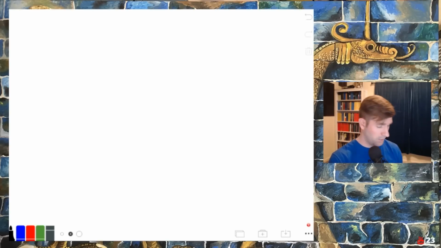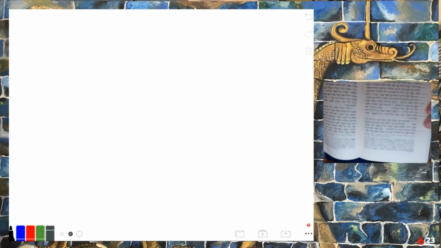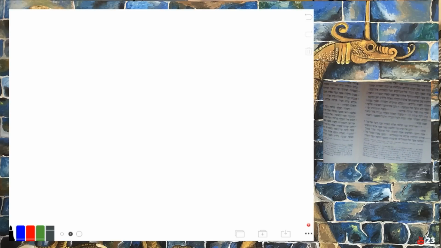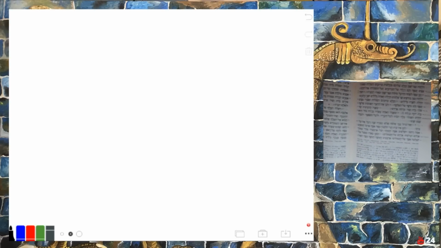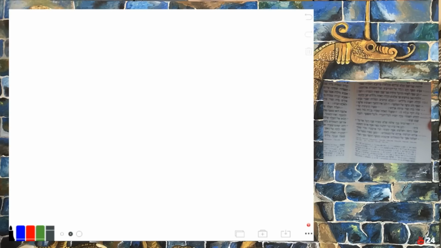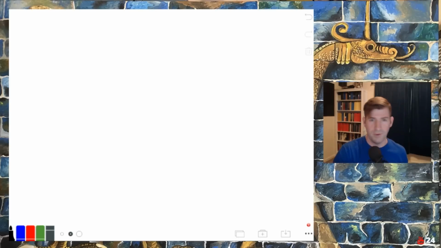My camera probably won't focus enough to show this. Maybe it will, but if you look at the Hebrew text there are little marks. That was probably utterly useless. Sorry, everyone. There are little accent marks so that you often don't have to guess where the accent is.